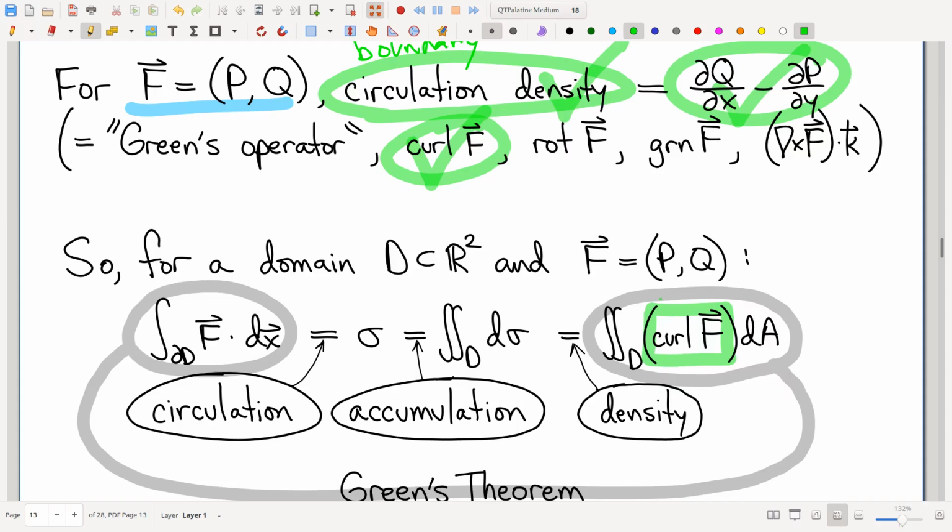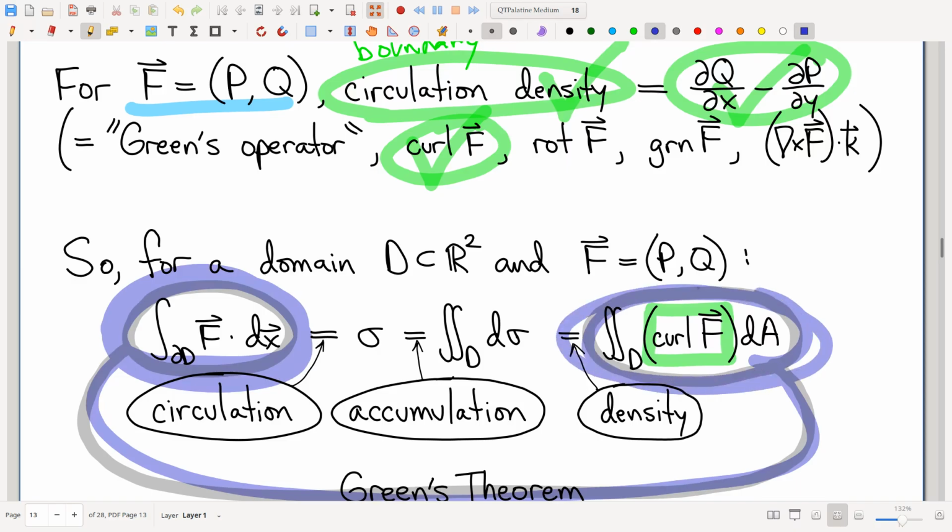Okay, so this is the big theorem. This is what we call Green's theorem: a line integral, specifically a boundary line integral, can be computed with a double integral of the curl operator. It's really surprising. If you think about it, wait a second, how could this possibly be?